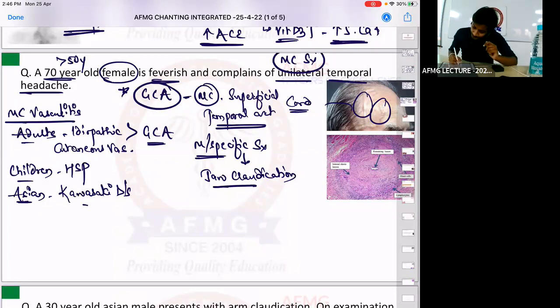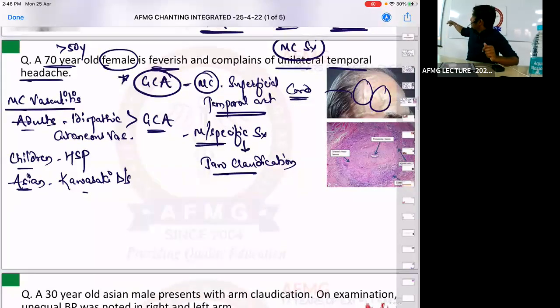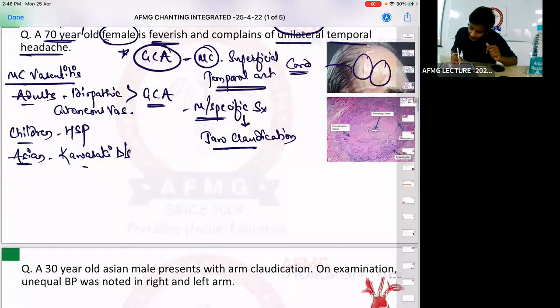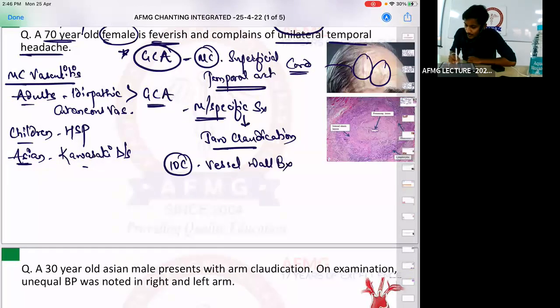I hope so. On examination of the temples, you can see a cord-like structure. What is the investigation of choice, anybody? Previously biopsy was not recommended, or was contraindicated, because we used to damage the other structures and the whole vessel.